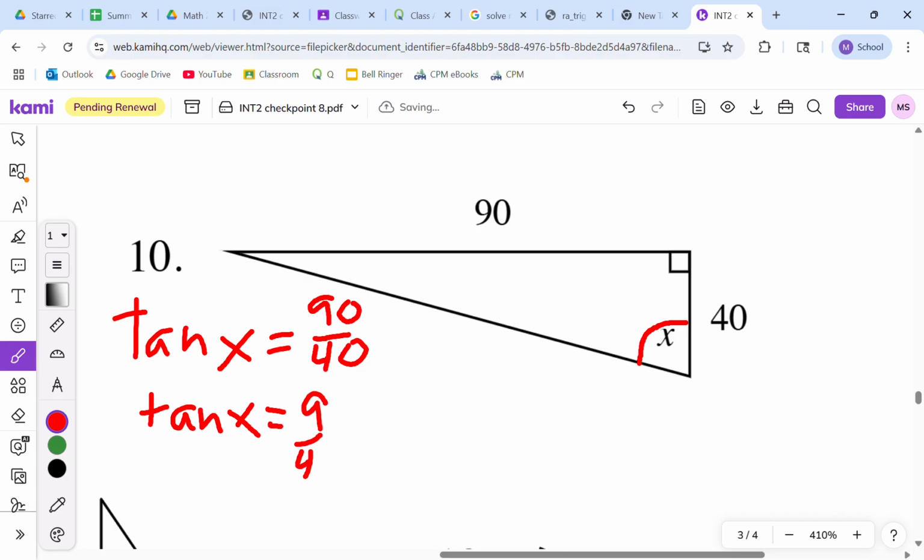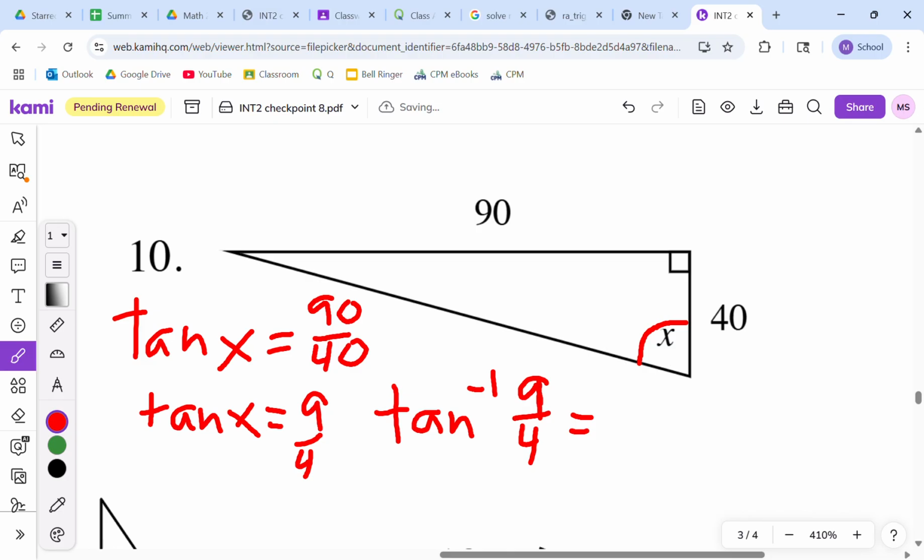Now what? Because I don't know what angle produces a tangent of 9 over 4. Well, inverse tangent. So we have to go like this: inverse tangent of 9/4. And yes, that's a 9.